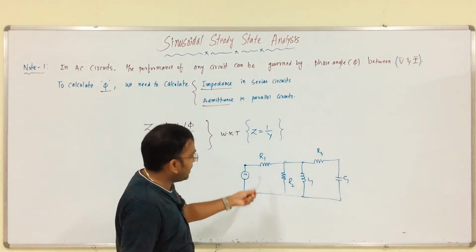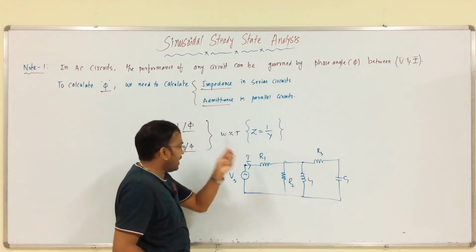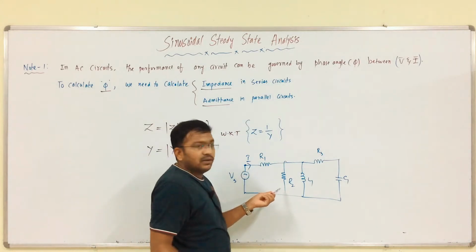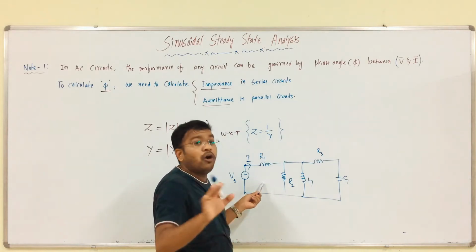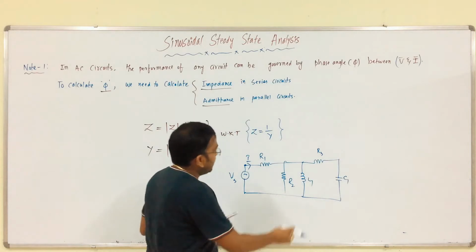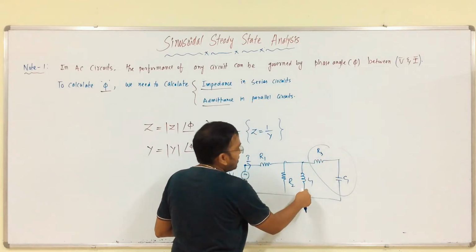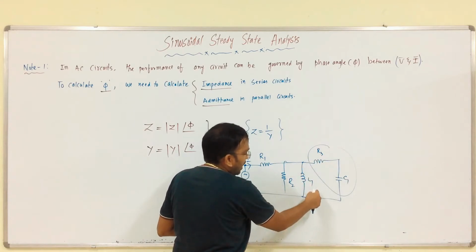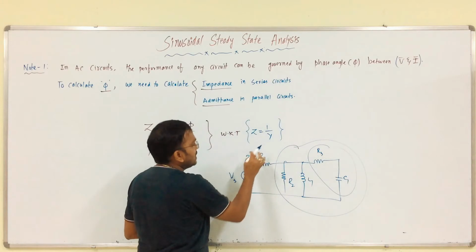So, to calculate the phase angle between voltage and current, we need to calculate impedance or admittance. You can calculate either impedance or admittance. See, these two are connected in series, this combination is connected in parallel with this, the total combination is connected in parallel with this, again this total combination is connected in series with this.